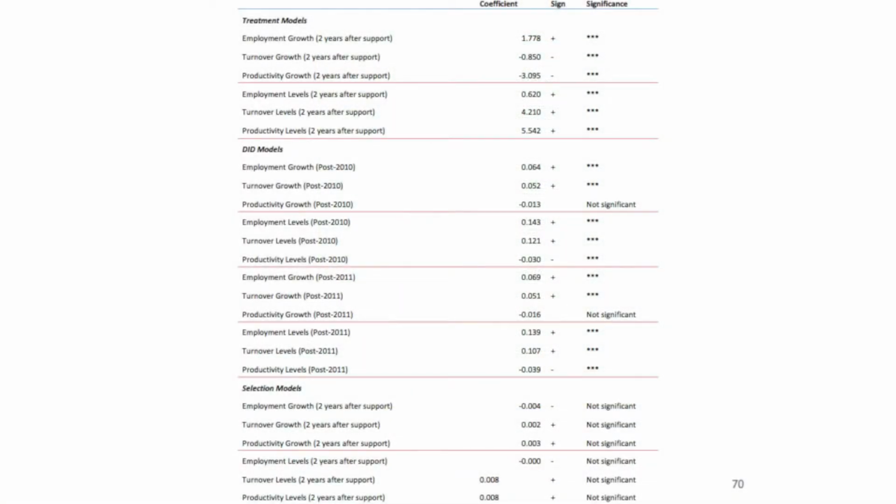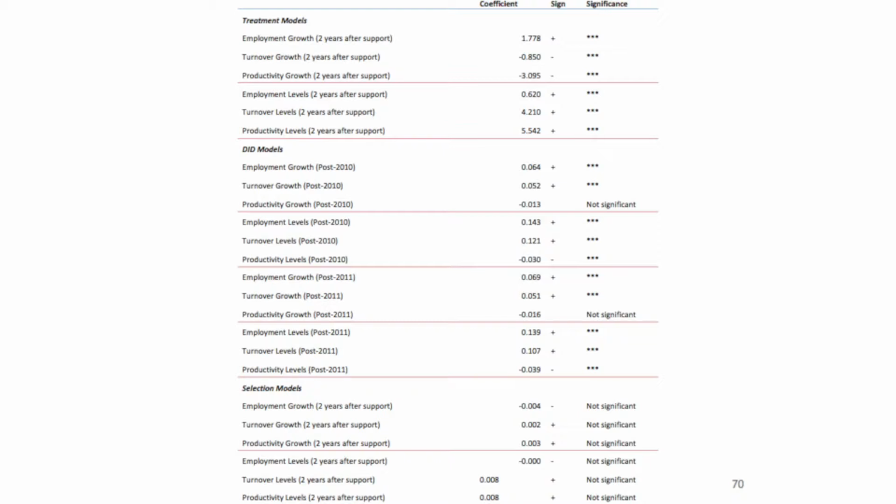What they give me are a set of statistical coefficients for a set of probes like employment growth, turnover growth 2 years after support, productivity growth, employment levels, turnover levels, productivity levels for the treatment model approach, difference in difference models, same categories, and then selection models at the bottom.